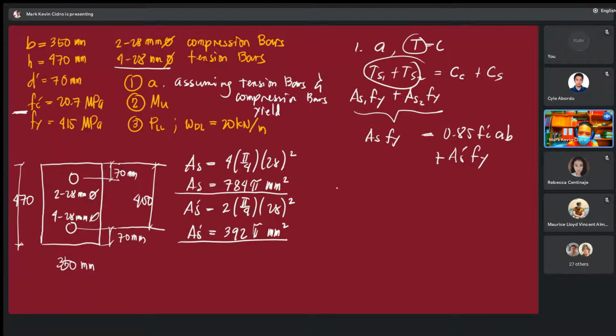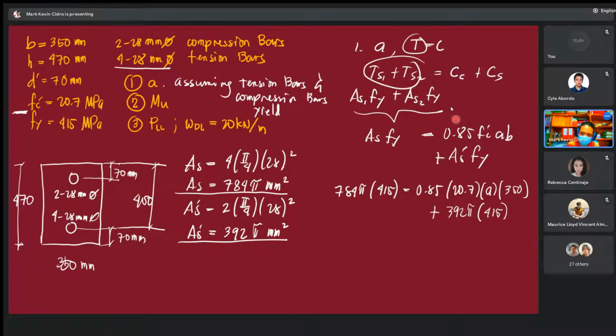This is your AS, 784 pi multiplied by 415, equal to 0.85 times FC prime, which is 20.7, your A is unknown, your B is 350, plus, of course, your AS prime, which is 392 pi, multiplied by FY, which is 415.